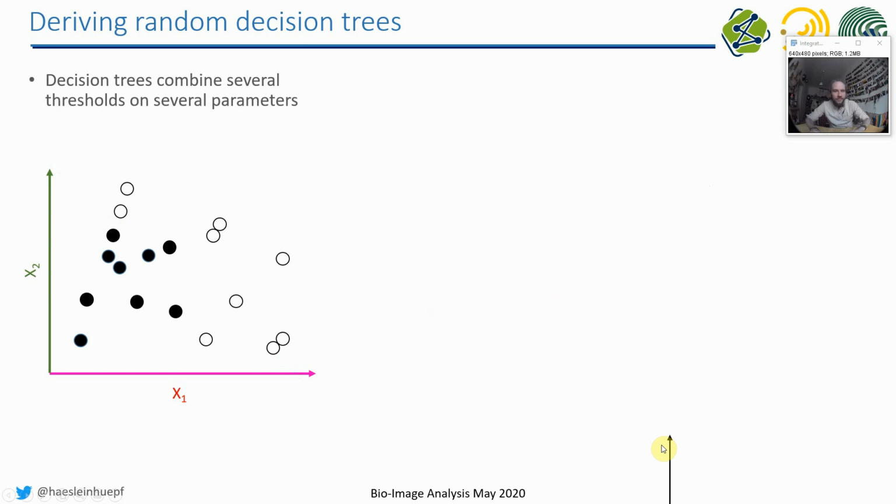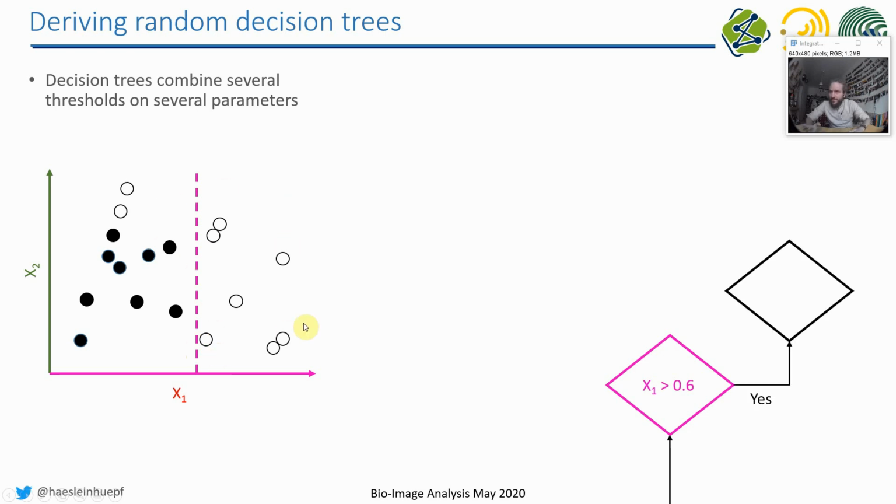The root is already there, and I will put an individual decision there, which is a threshold, right? Saying, okay, if the intensity of my data point is larger than 0.6, then they are all white, right? And I can write that down in my decision tree. If I now want to describe the data points on the left side, I have to make another decision.